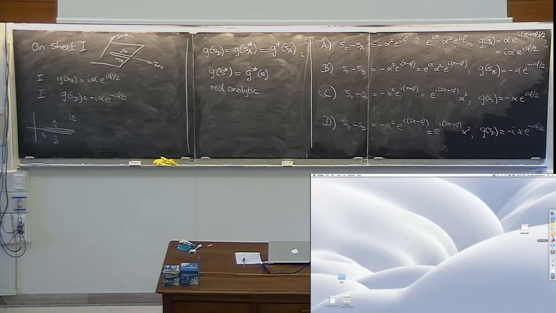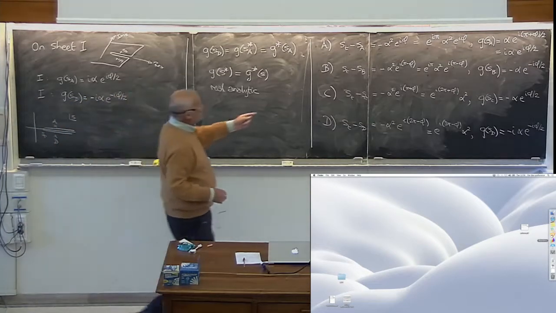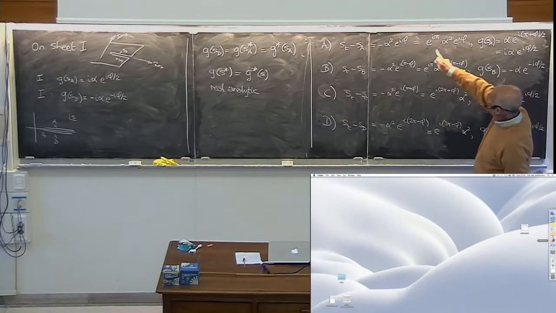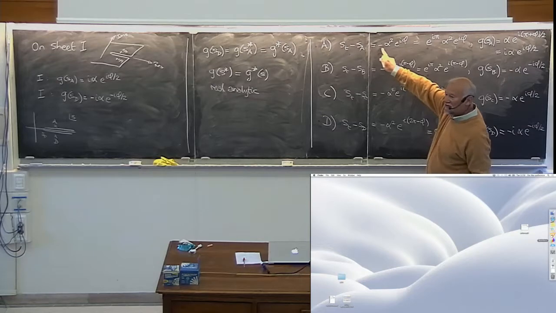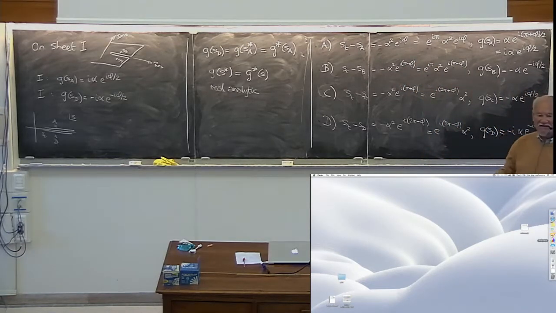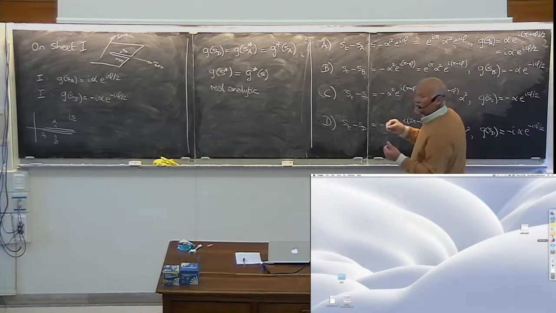Now let's imagine that we took the negative square root. What would that mean? That would mean everywhere I had a minus 1, instead of writing e to the I pi, I'd write e to the minus I pi. So I can do that on the board.